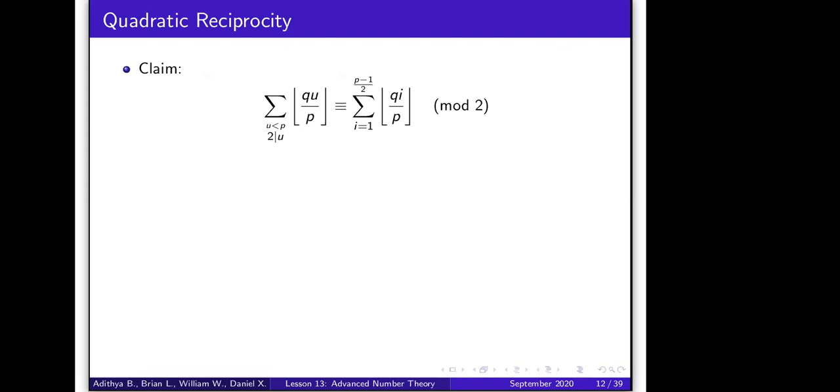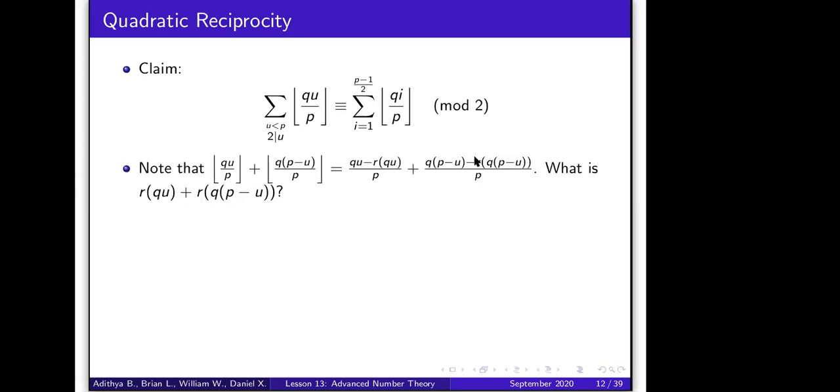It only goes up to P minus 1 over 2, but this time we don't skip any residues, which means that the sum is much more well-behaved. So let's go ahead and prove this.